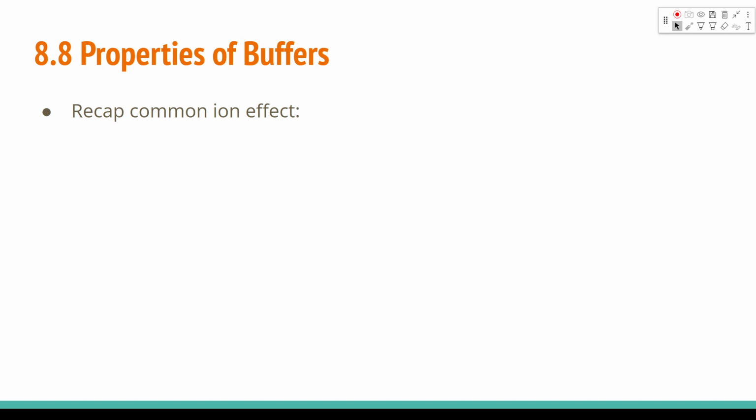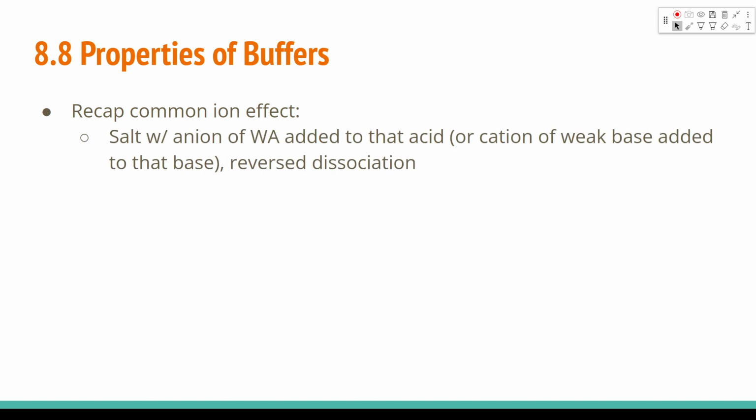And so, we talked about the common ion effect in this unit before. Just to recap that real quick, if we have a salt, and the salt has the anion of a weak acid, then when it's added to an acid, or the cation of a weak base added to that base, then we can reverse dissociation.